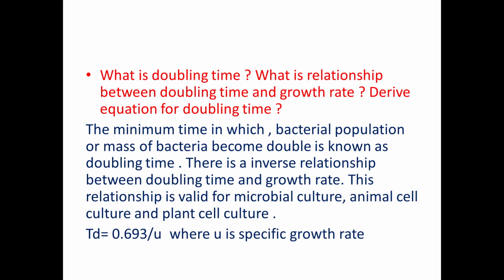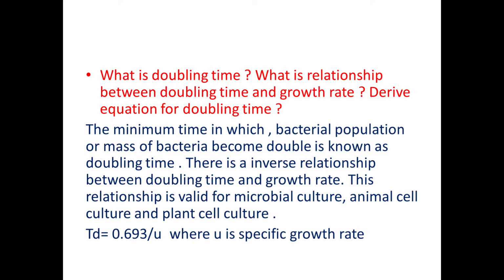There is an inverse relationship between doubling time and growth rate. It means if the doubling time is more, the growth rate will be less. If the doubling time is less, the growth rate of bacteria will be more. This relationship is valid for microbial culture, animal cell culture, and plant cell culture.